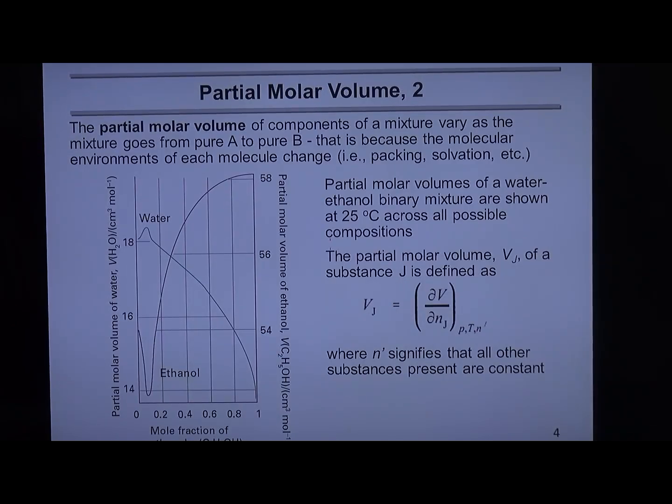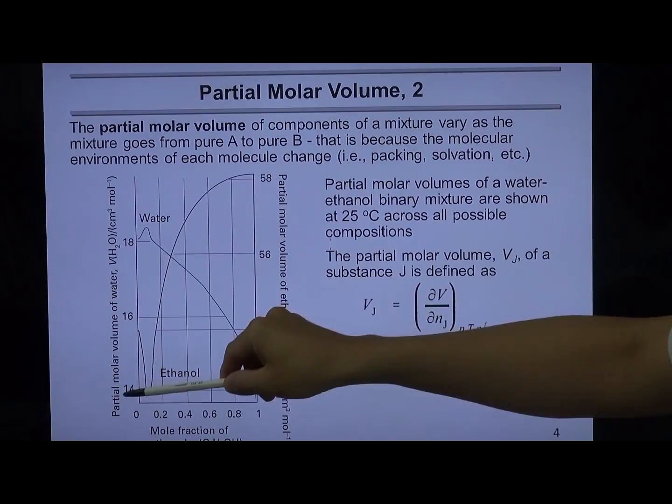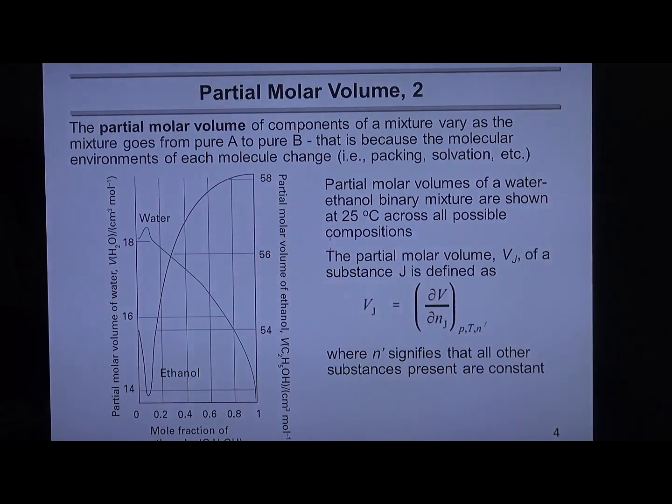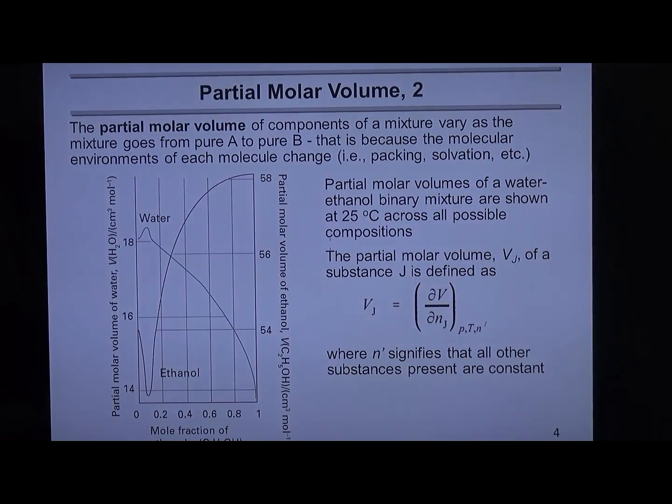Similarly, we can plot the partial molar volume of water or ethanol as a function of composition, right? So the y-axis here on the left is the partial molar volume of water, okay? The y-axis on the right is the partial molar volume of ethanol, okay?